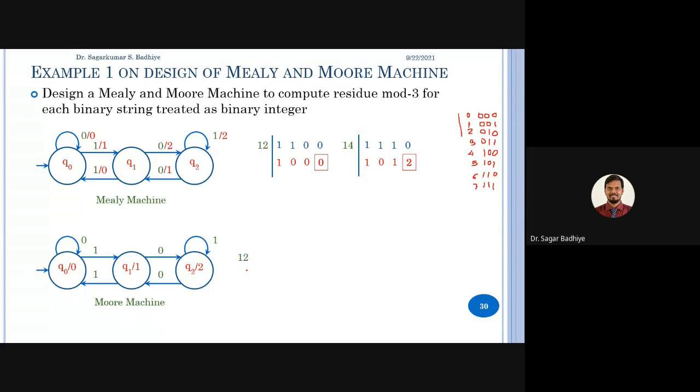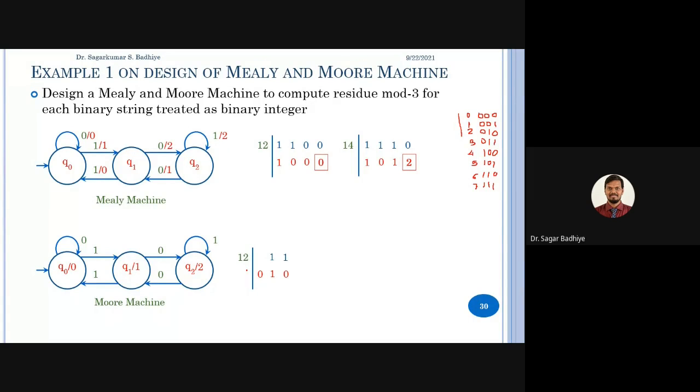So again the same example 12. First of all, when you are in Q0, you will produce output 0 directly. And in Q0, you will read 1. So when you read 1 in Q0, you are transiting to Q1. And as you move to Q1, the output produced is 1 now. In Q1, again, you get an input 1. So you transit back to Q0, and after reaching Q0, you produce an output 0.